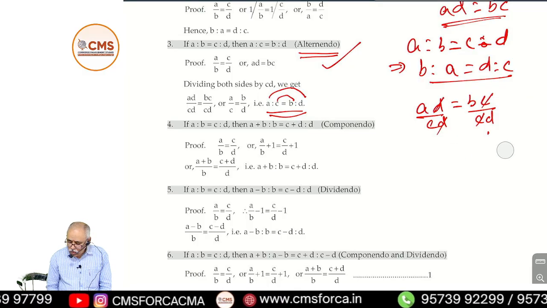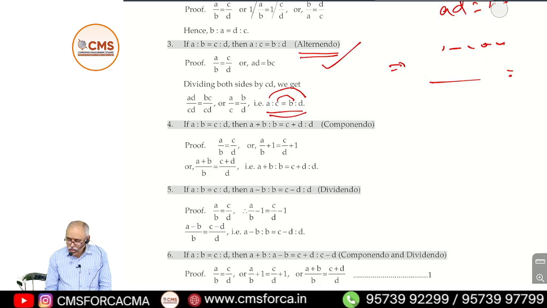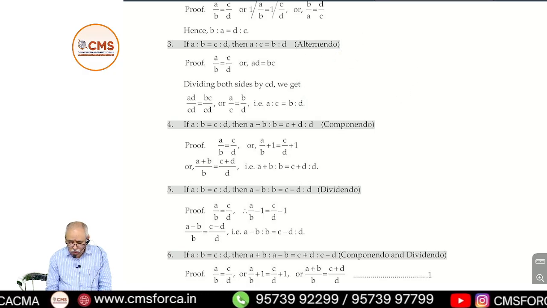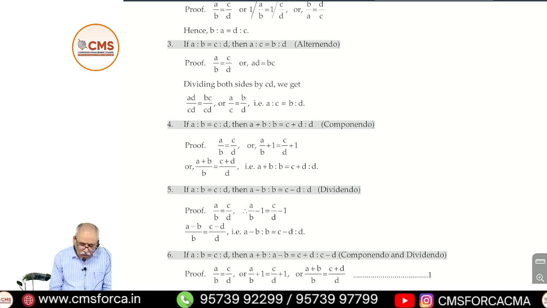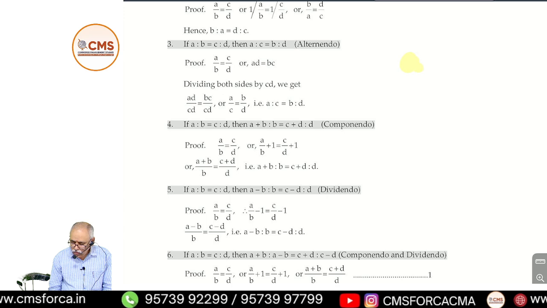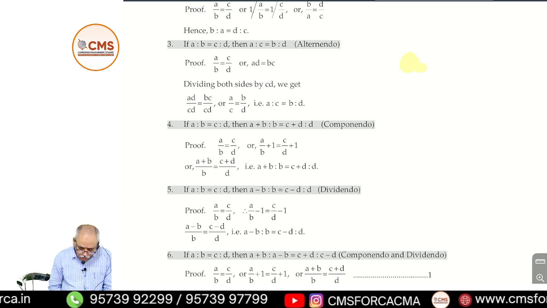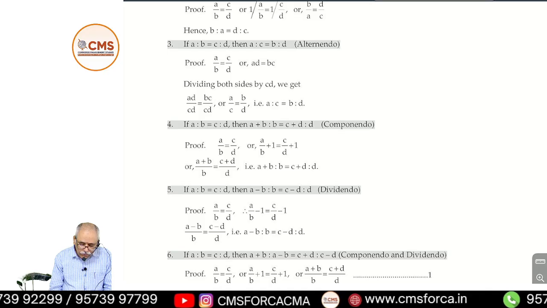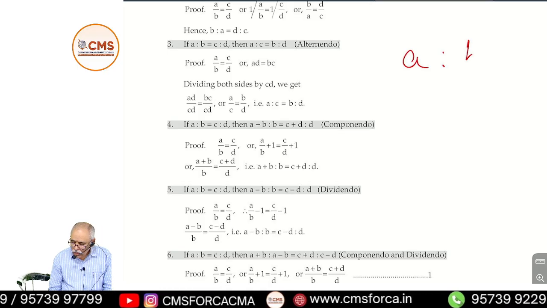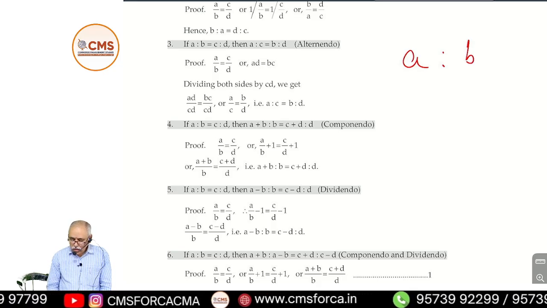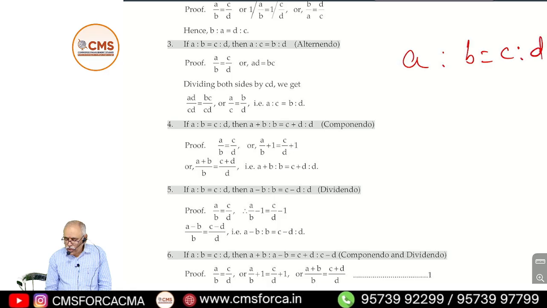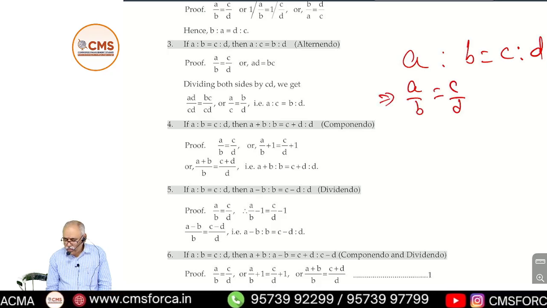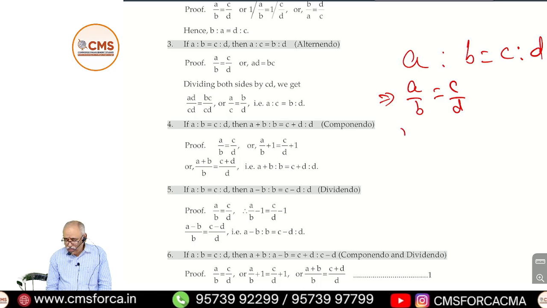So what is componendo? Let us see. A is to B is equal to C is to D. What does it mean? A by B equal to C by D. Add 1 on both sides, then what will happen?